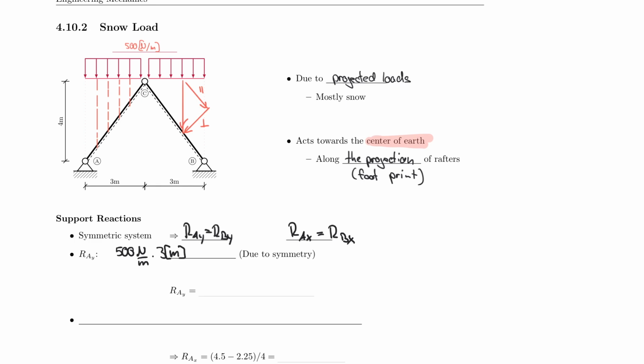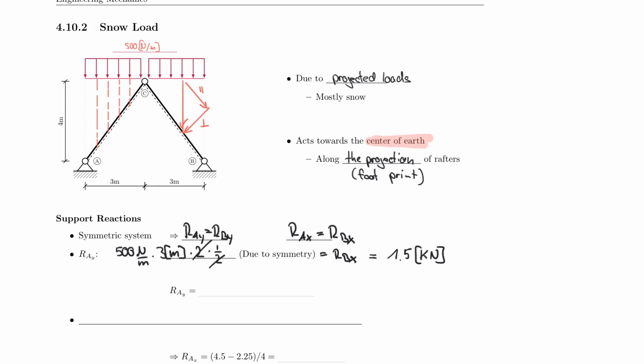That's all that comes down, times 2. But each RAY and RAX is also sharing the load, so times 1/2. So this of course cancels out. And that is also equal to RBX. Ultimately, RBX and RAX are equal to 1.5 kilonewton, as that is the load that the snow produces on each side of the roof.